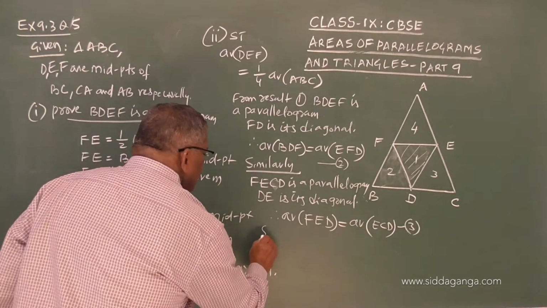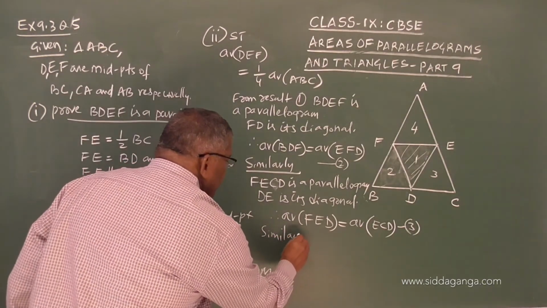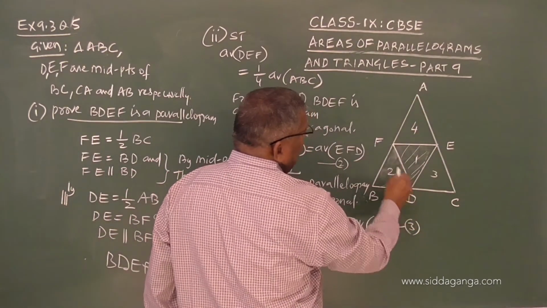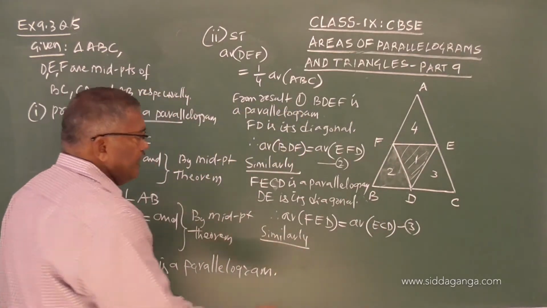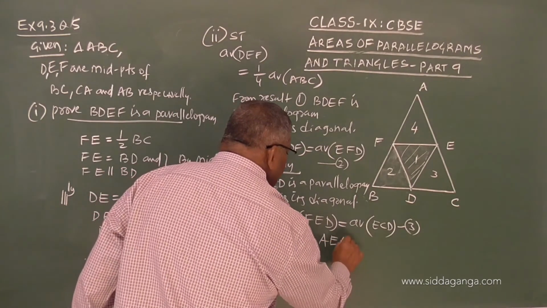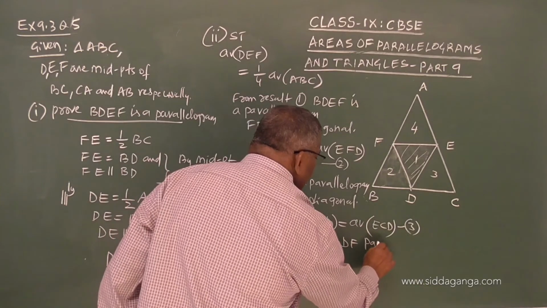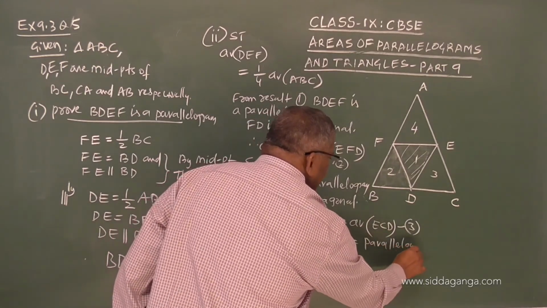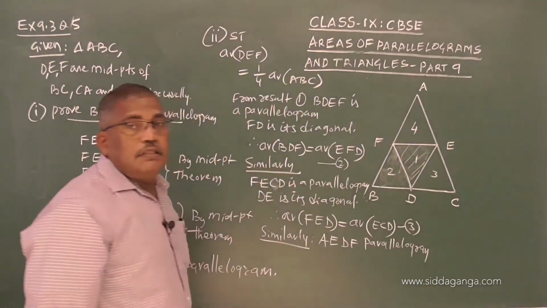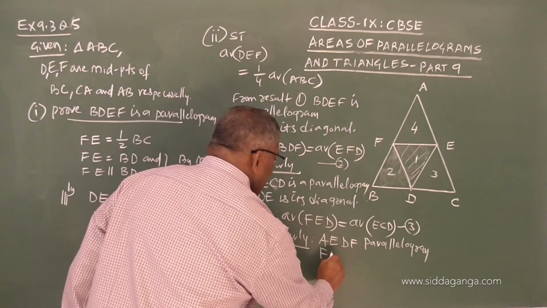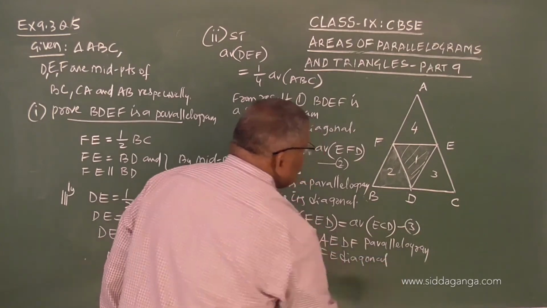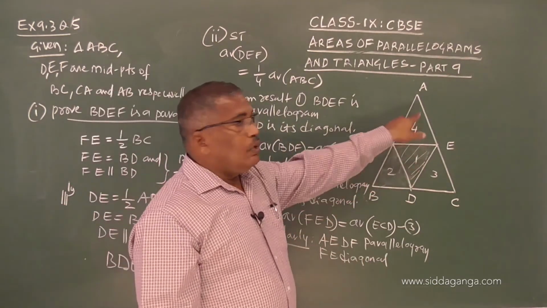Similarly, observe the figure, AEDF. Consider AEDF a parallelogram, and FE is its diagonal. So therefore we get 1 is equal to 4.